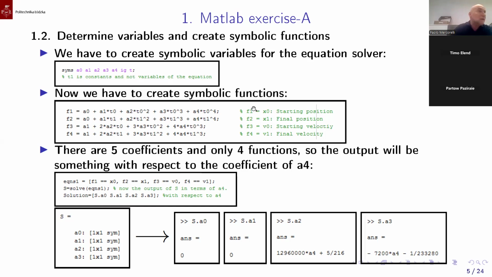Assuming that I want to work with a polynomial, this means we need a polynomial with 5 coefficients: 1, 2, 3, 4, and 5 coefficients. This means basically that we need to remember the number of coefficients is 1 more with respect to the order. So if I need 5 coefficients, I need a polynomial of order 4, because a polynomial of order 4 consists of 5 coefficients.